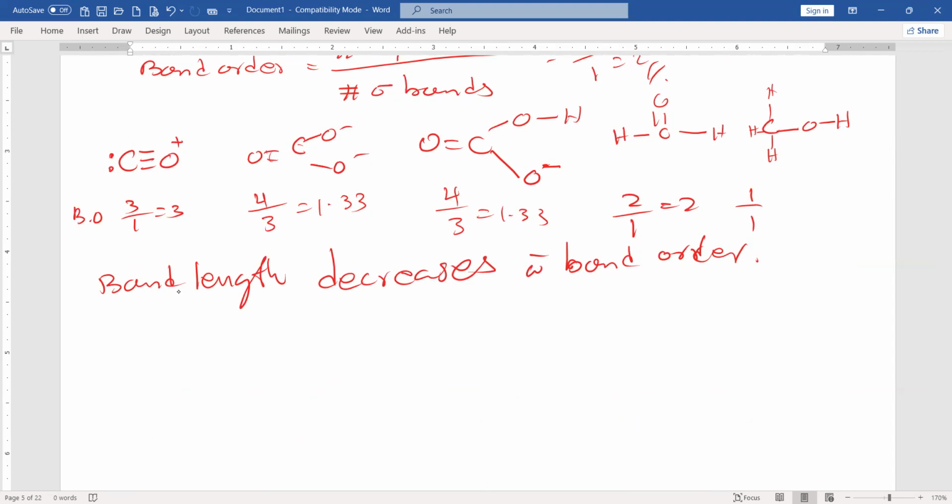Carbon monoxide will have the shortest bond length. Carbon monoxide is the shortest.